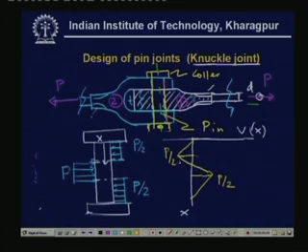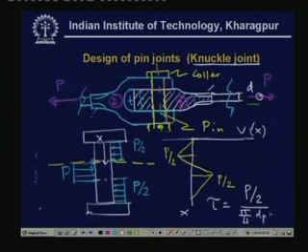Since the maximum shear force is P by 2, and it appears in these sections, the average shear stress can be taken to be tau equal to P by 2 divided by the area of cross section, which is pi by 4 d_p square. So this is the shear stress developed.